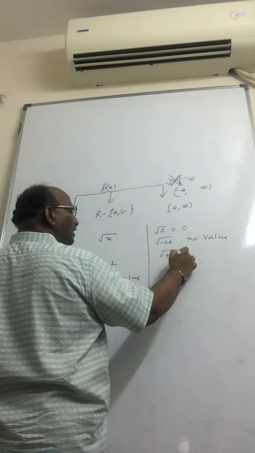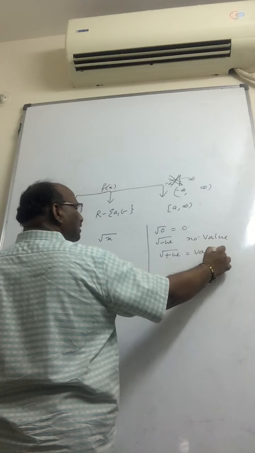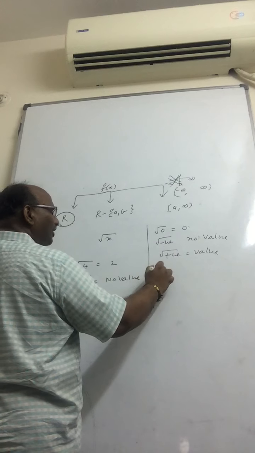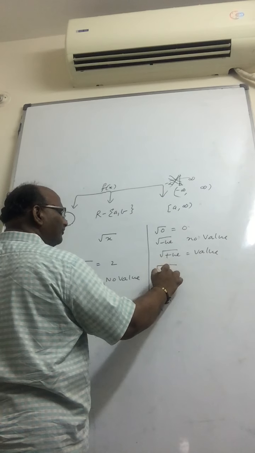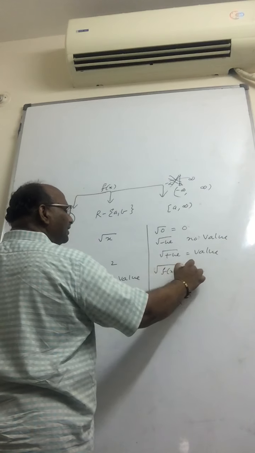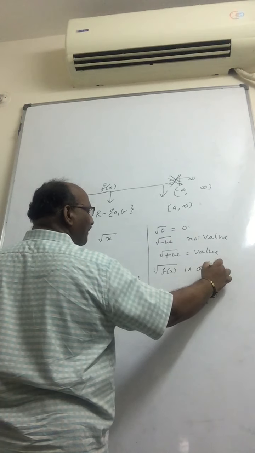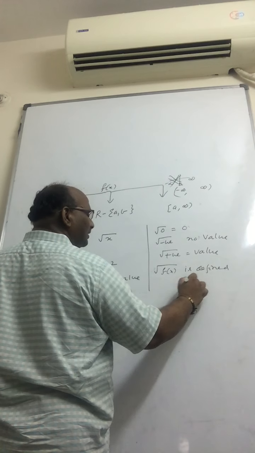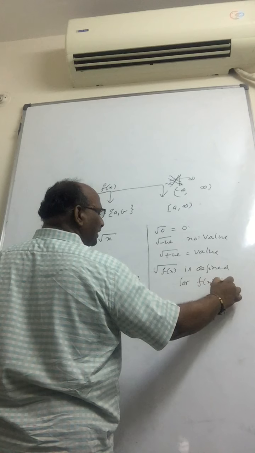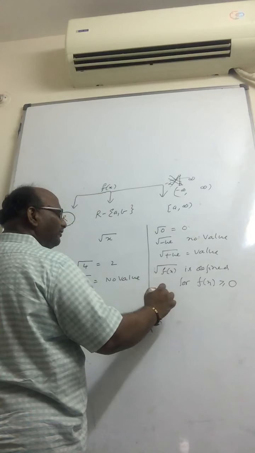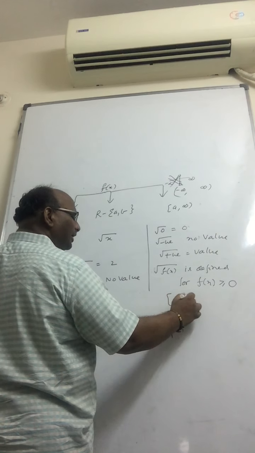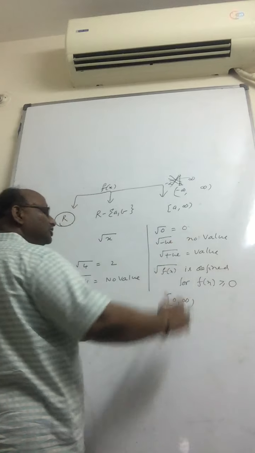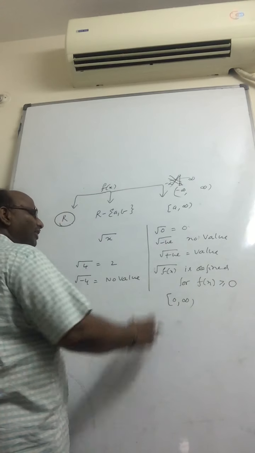Root of a positive has a value. So what I can conclude is that the root function is defined for f of x greater than or equal to 0. For negative it is not defined. So for all non-negative values, the function is defined.